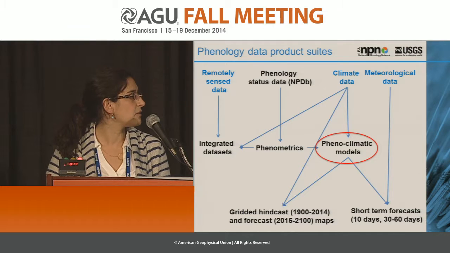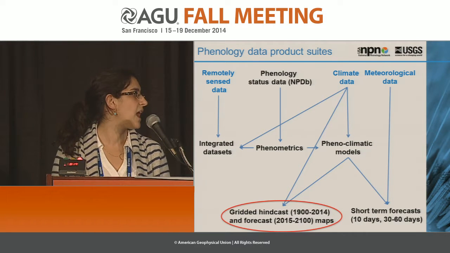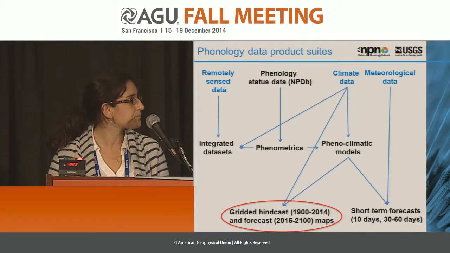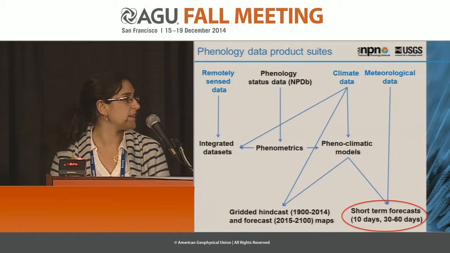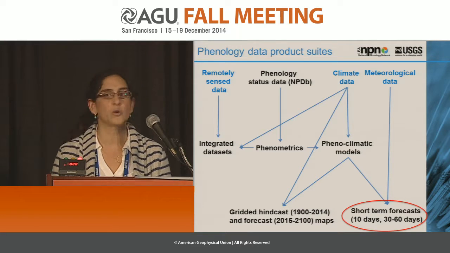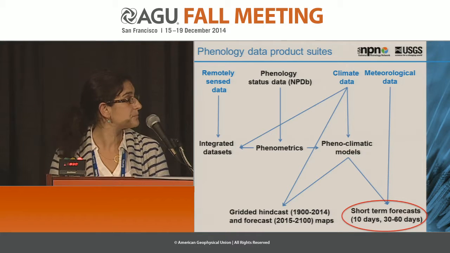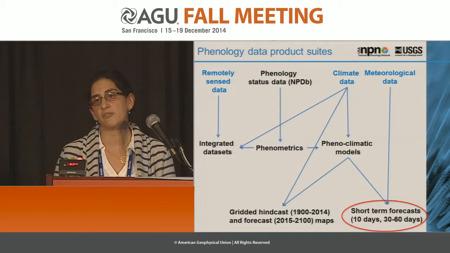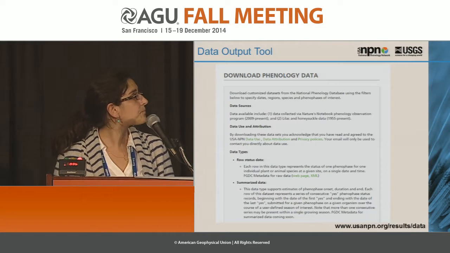And these climate models get fed into creating gridded hindcast and forecast maps that can also be visualized and provided. And ultimately, our goal is to provide short-term forecasts on the order of 10 days and 2 to 3 months. Short-term phenology forecasts based on meteorological data and our phenoclimatic models.